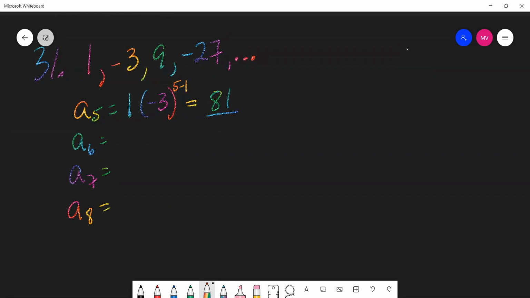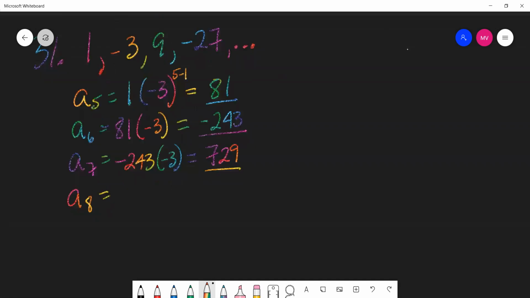Then we use our recursive formula, which is the previous term, AN minus 1, times the ratio, which is -3, and that gives us -243. Again, we have the term at the previous position, -243, times our ratio, -3, and that gives us a positive 729.